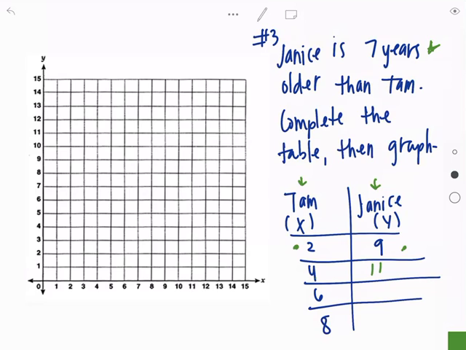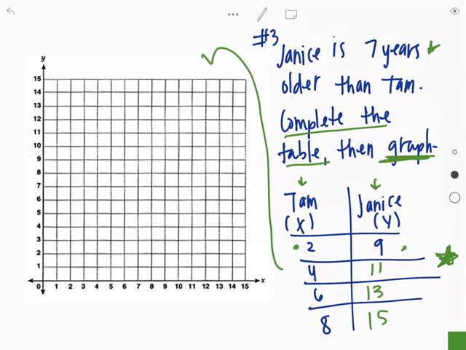Then when Tam is 6, she's going to be 13. And when Tam is 8, Janice will be 15. Okay, so there's 2 parts to this question. Completing the table, which we just did here, and then you have to graph. So there's 2 parts, okay? So you have to make sure to do this part, but also use these points and graph them on here.